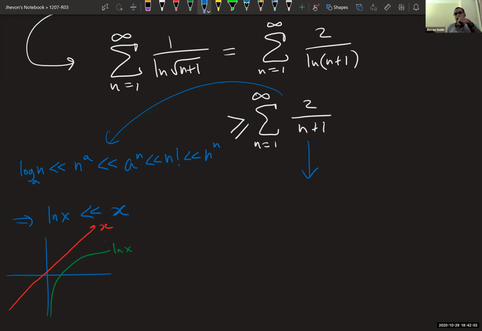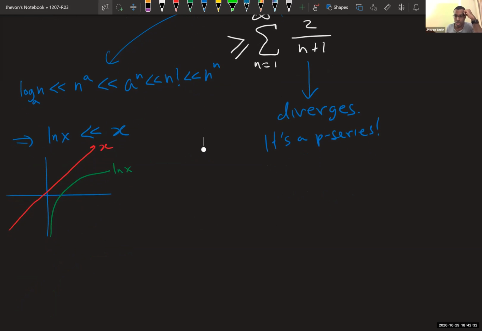Diverge by the integral test. You can diverge by the integral test because if you integrate that, you get 2 ln of n plus 1 as n goes off to infinity. Ln of infinity goes off to infinity. You can also notice that it diverges because it's actually a p-series. Now, I know it does look like a p-series because of the plus 1, but it's actually literally the p-series.